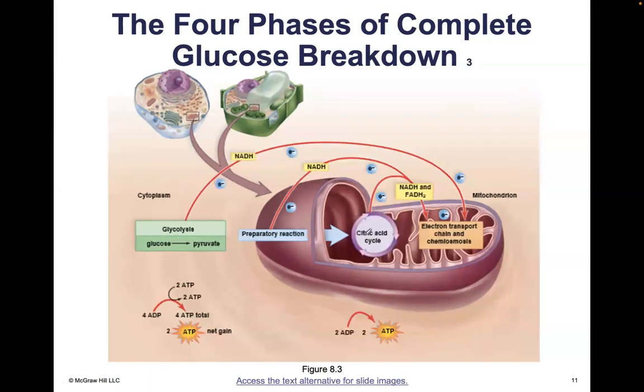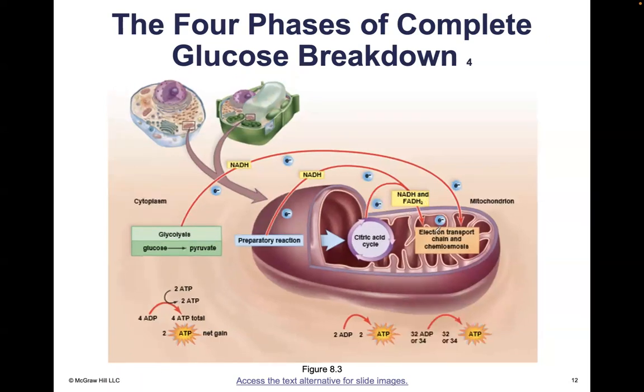The third stage, which is the citric acid cycle, produces more NADH and FADH2, and more electrons are also produced. And the last stage, which is the electron transport chain and chemiosmosis, leads to the production of 32 or 34 ATPs. I will talk about what this means later on, because if there is no oxygen in the mitochondria anymore, there will be fermentation.